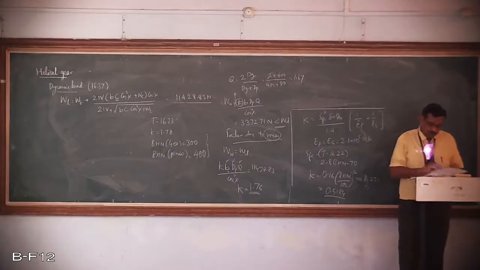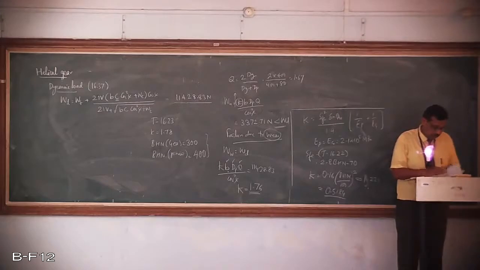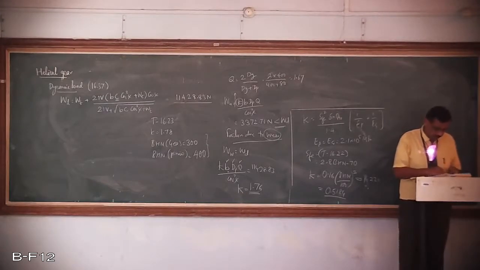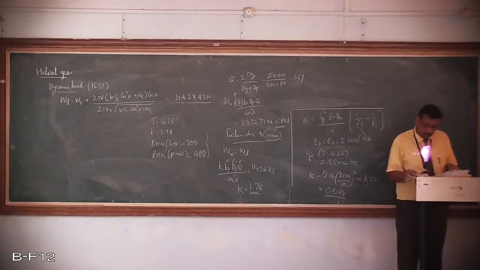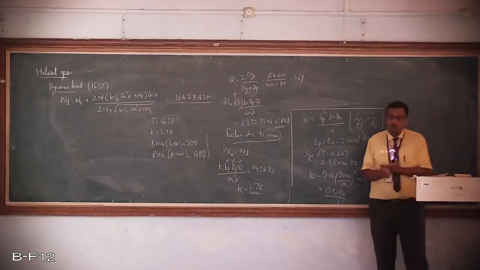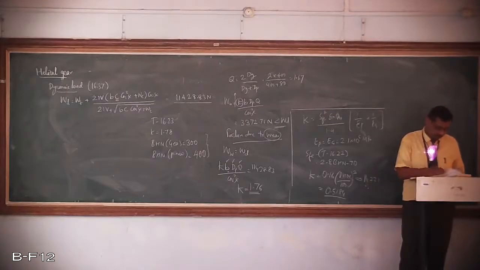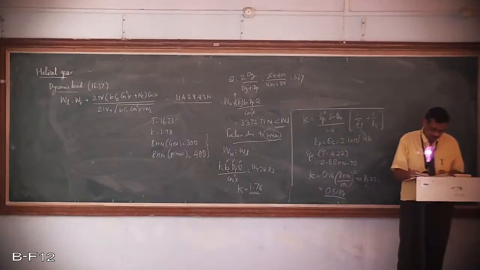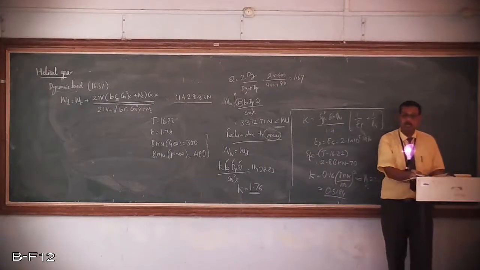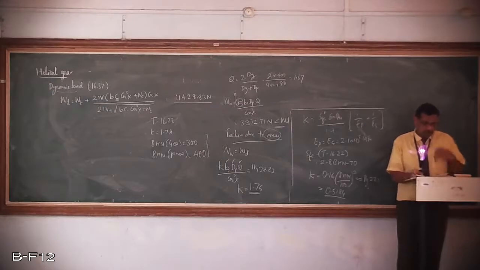The value of C, that is the dynamic form factor, is obtained from table number 16.5. Use that, get the value of WD. Then go for the dynamic beam strength. Make use of equation 16.38. Check whether it is greater than WD. In this case it was greater than WD. It was safe.